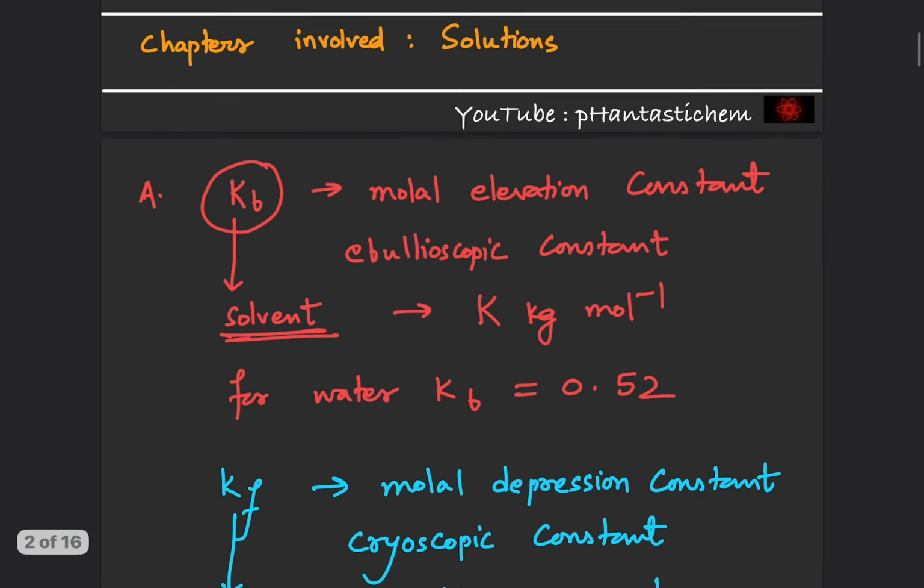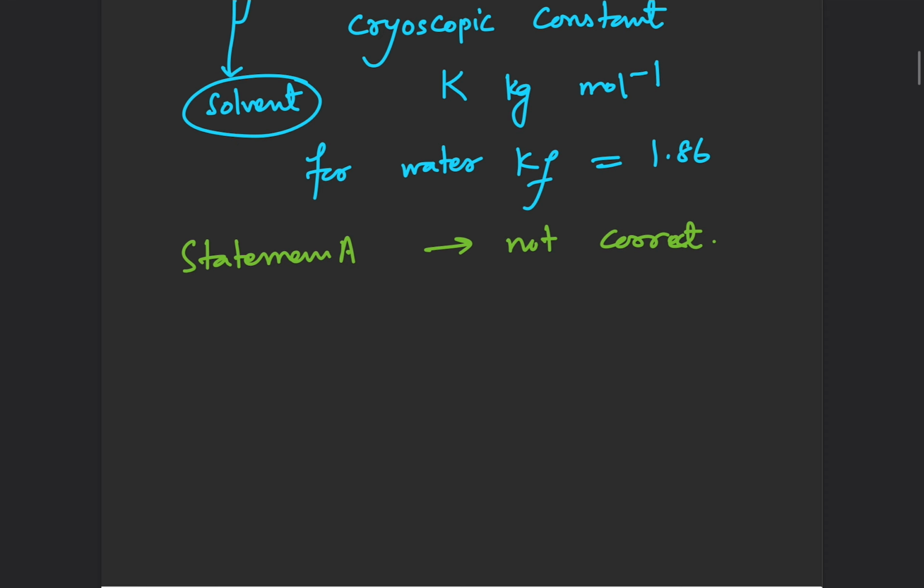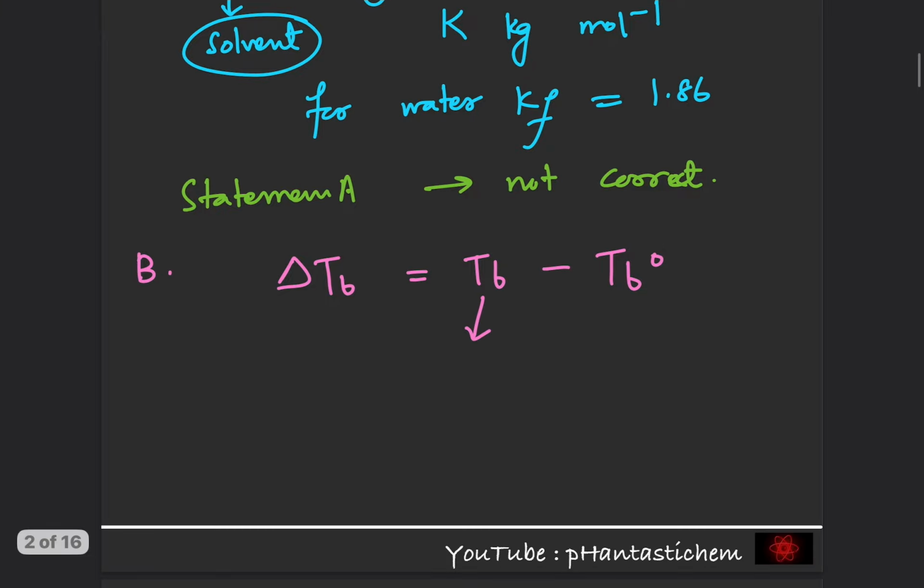When we add a certain amount of non-volatile solute to water, the elevation in boiling point will be obviously delta Tb, where delta Tb is Tb minus Tb naught. Tb is the boiling point of the solution and Tb naught is the boiling point of solvent. In our case, the solvent is water.